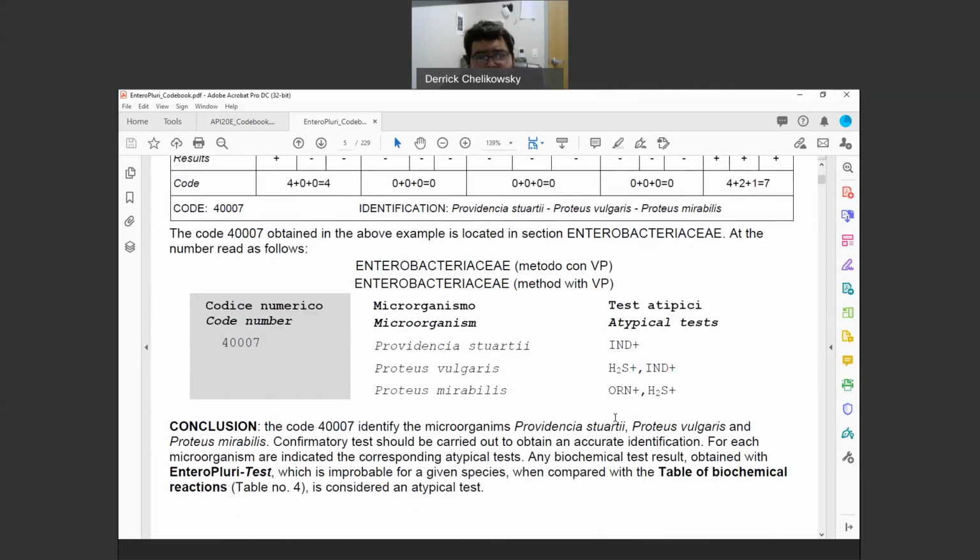So think about ways of identifying these individual species with things that we find odd, in the case of Proteus, actually reducing sulfur on Hektoen, which is typically a result of Shigella, but because we know it's not Shigella, it has to be something else. So Proteus works.